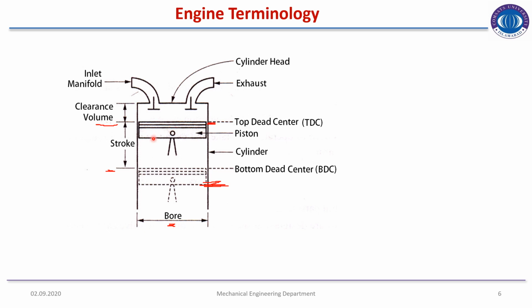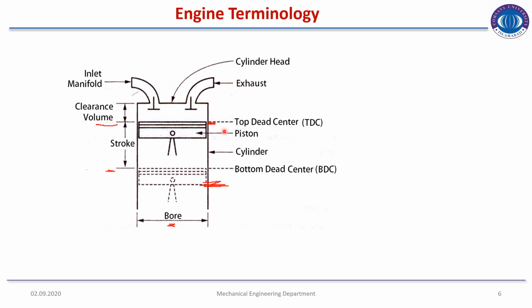So the piston from top dead center position will move to the bottom dead center, and this is an exhaust outlet. As the piston moves backward, this exhaust will open, and the piston will move upward again. So as it moves upward, all the exhaust gases will exit from these exhaust holes.